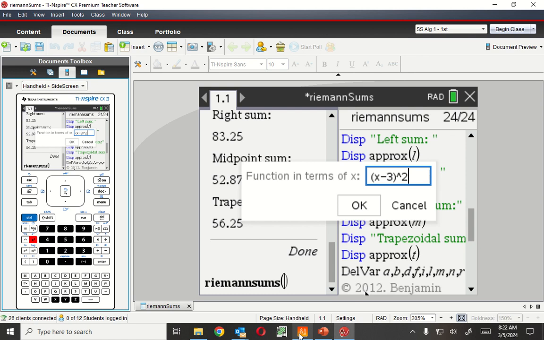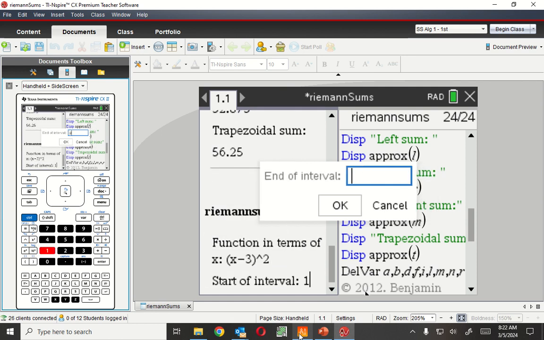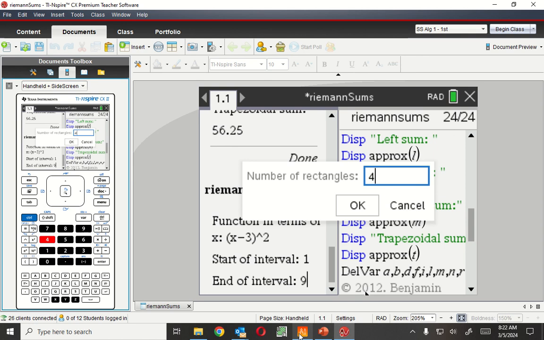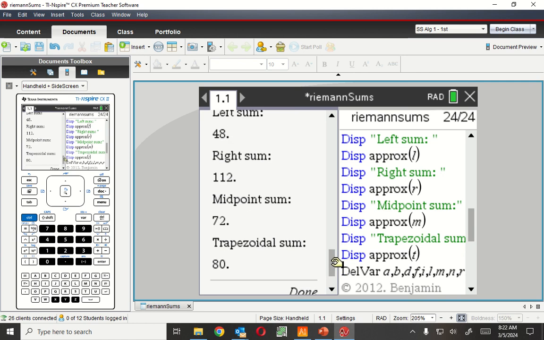All right, don't forget your parentheses as you're plugging it in. All right, this is what you should have.